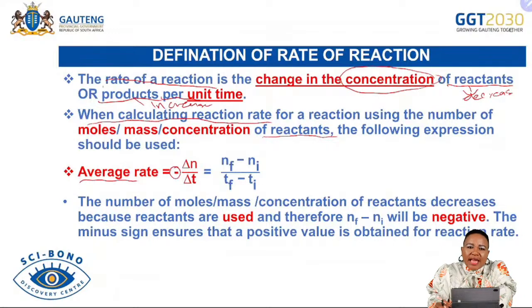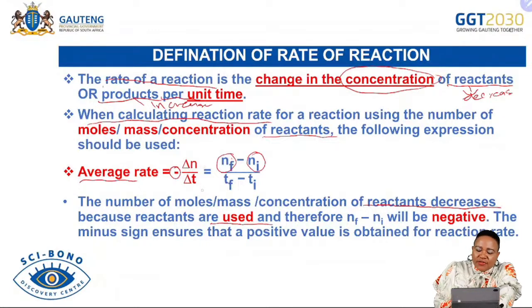Why are we putting a negative sign when we calculate a rate of the reactants? We know that reactants concentration decreases because reactants are being used. Therefore, when we calculate the change, we always say final subtract initial. Therefore, the number that we are going to get at the end of the reaction will be smaller than the number when the reaction starts.